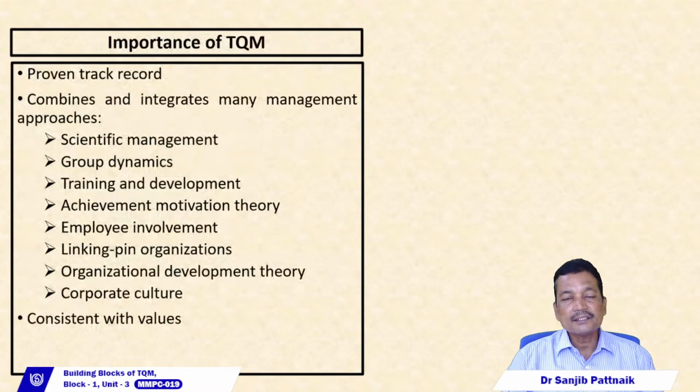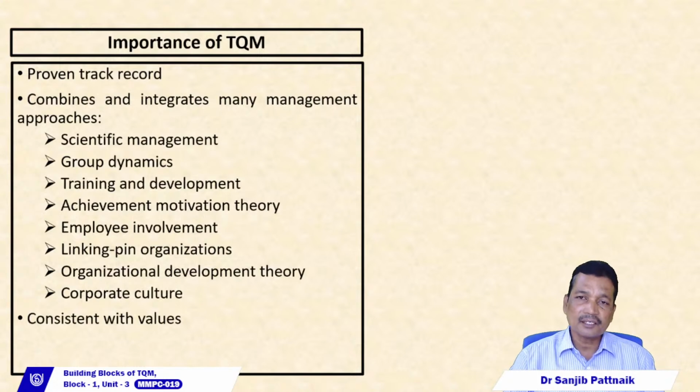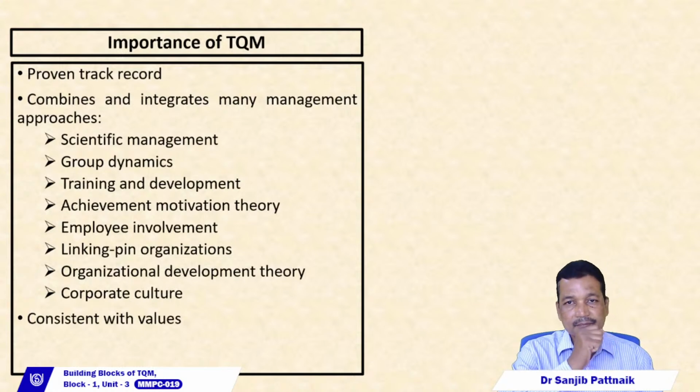Now, what is the importance of total quality management? As it has been seen in many organizations which are practicing total quality management in their systems, we say that forget about everything, we have seen the results.